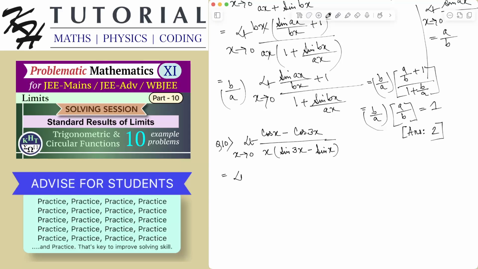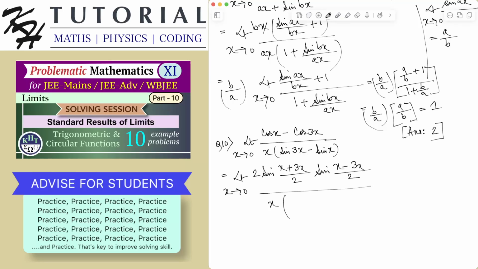So this is limit x tending to 0. So cos a minus cos b is 2 sin a plus b by 2, so sin x plus 3x by 2, multiplied by sin a minus b by 2, x minus 3x by 2, divided by, we have x multiplied by sin 3x minus x.